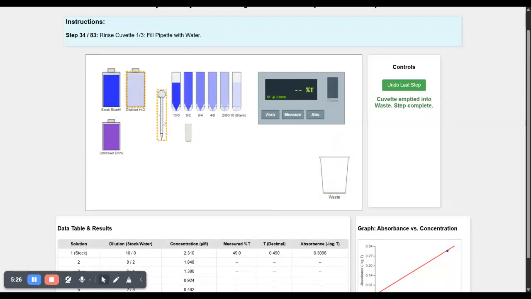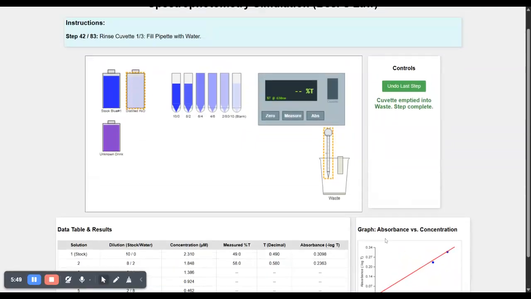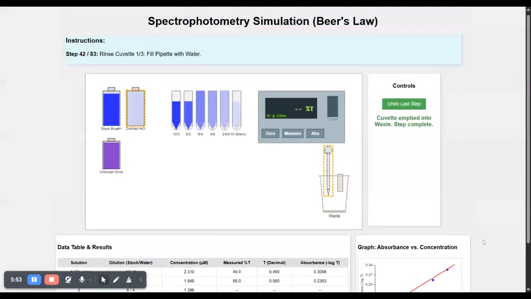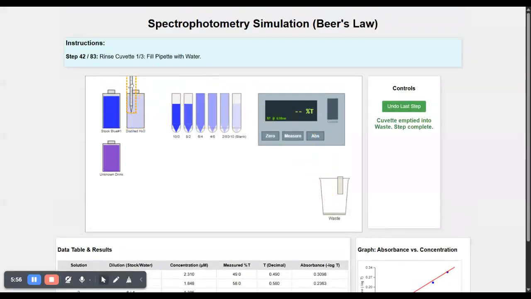Now we're going to discard and do the same steps all over again, each time making sure we rinse our cuvette and discard it. Here we click measure again with our second test tube and then discard it. As you can see, each time you place it and measure it, your graph will show a new dot on the line.